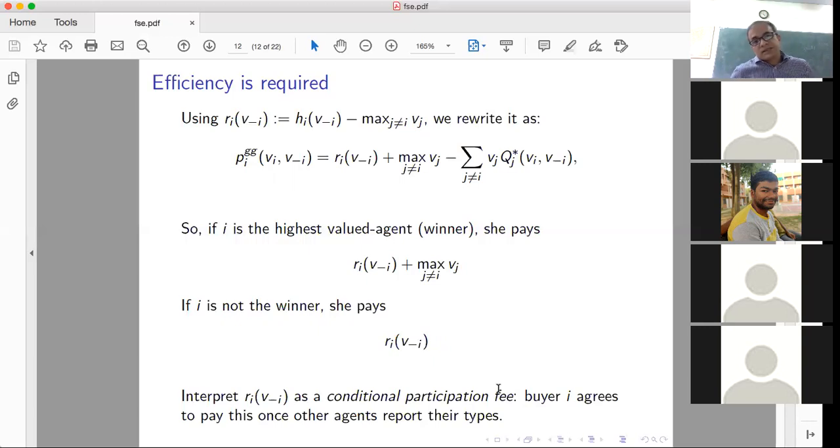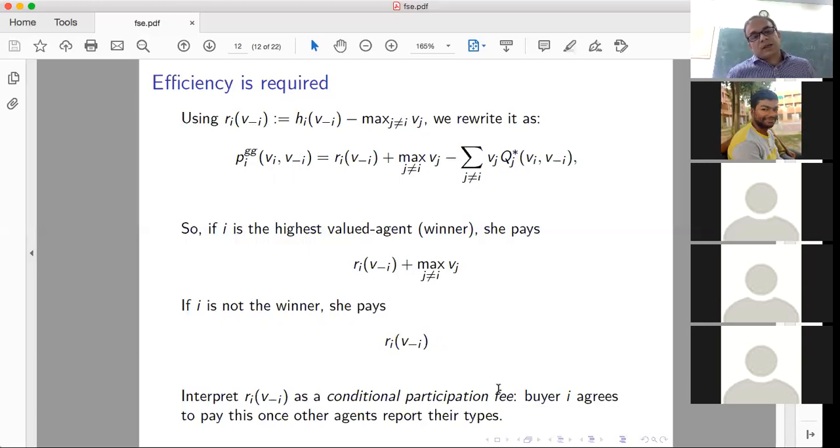So why are we not directly defining h_i to be r_i plus max of v_j? That's all that I'm doing. Here, h_i(v_{-i}) is equal to r_i(v_{-i}) plus max of v_j.